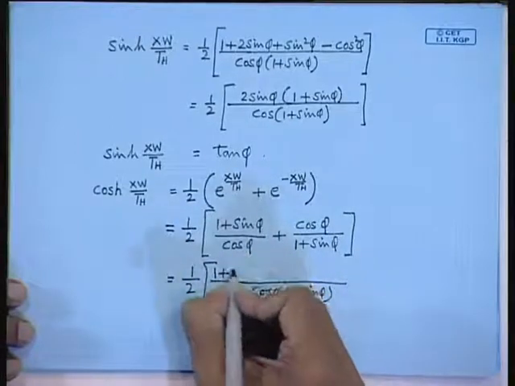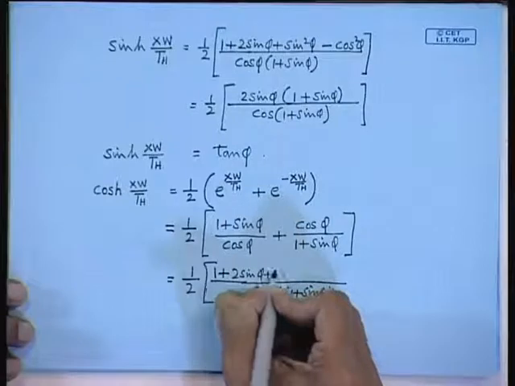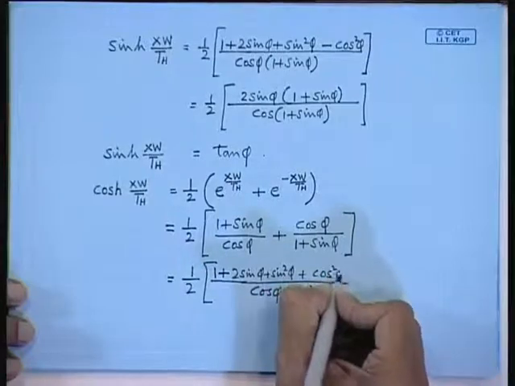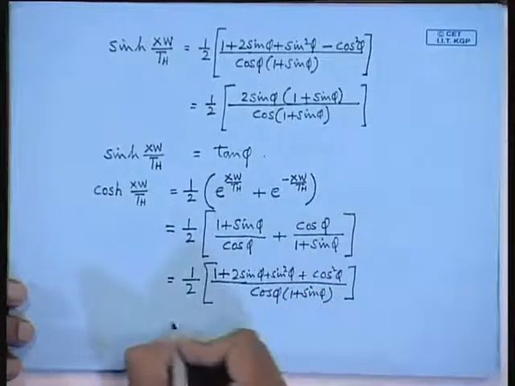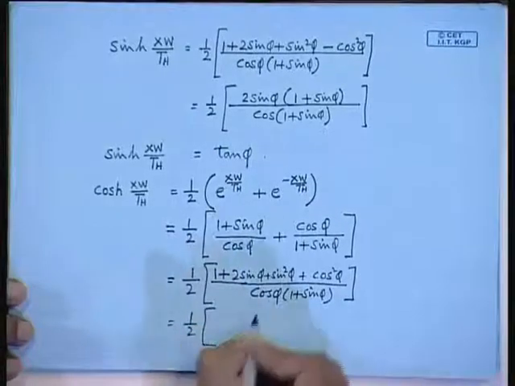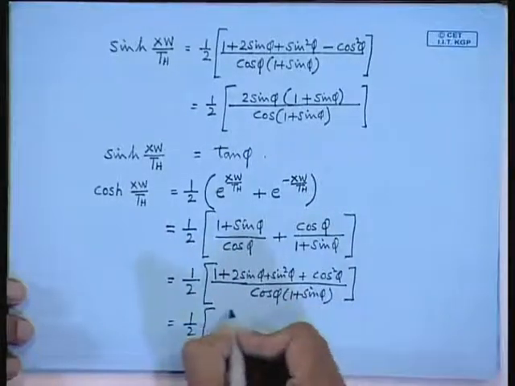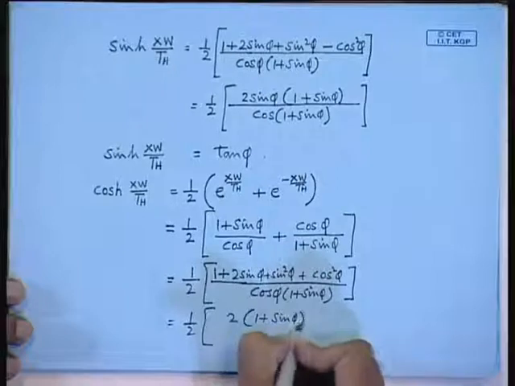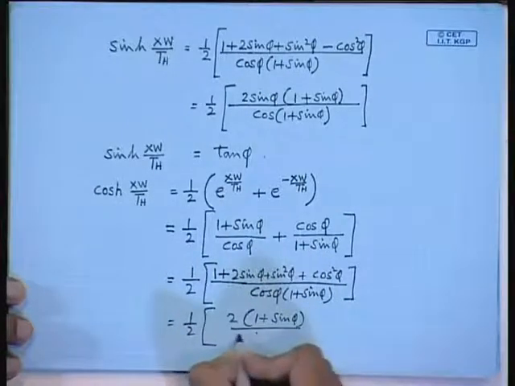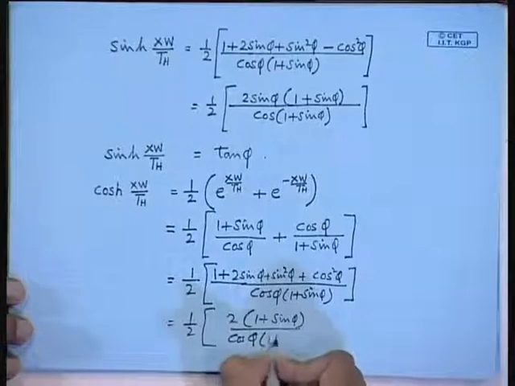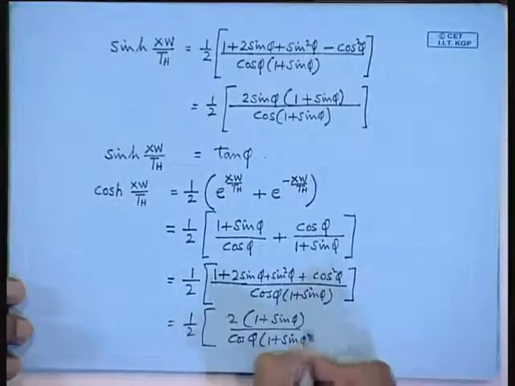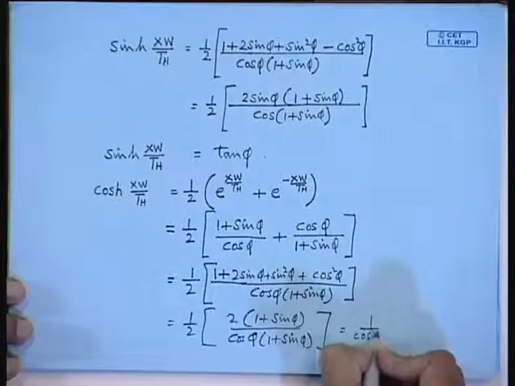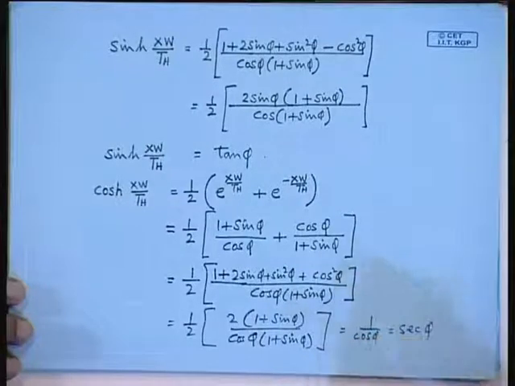This will be how much? 2 sin phi plus sin square phi, because you are getting 1 cos square phi, that is creating the problem. So this will be half of, 2 will come out. So this is the answer.